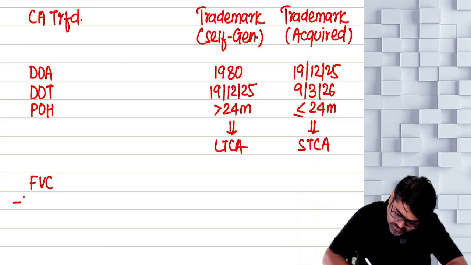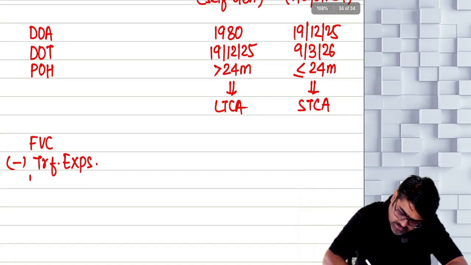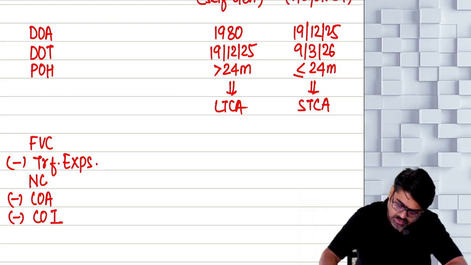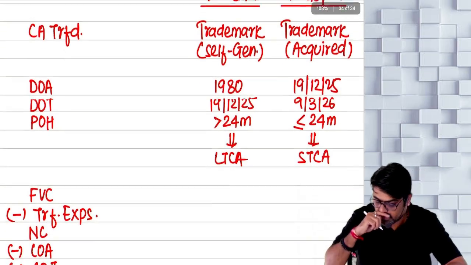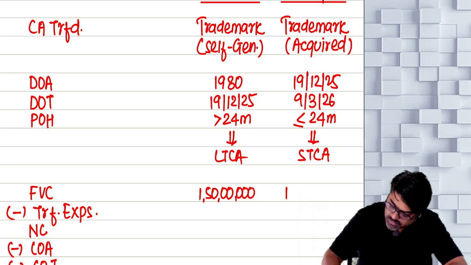Full value of consideration minus transfer expenses, you get net consideration, minus cost of acquisition, minus cost of improvement. So how much full value of consideration was Mehta getting? 1 crore 50 lakhs. And Gopal was getting 1 crore 80 lakhs, no?